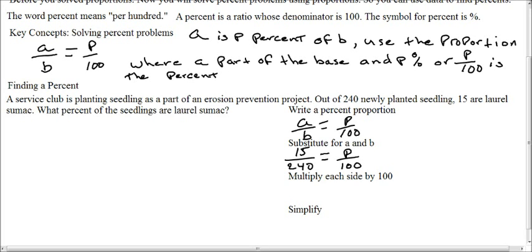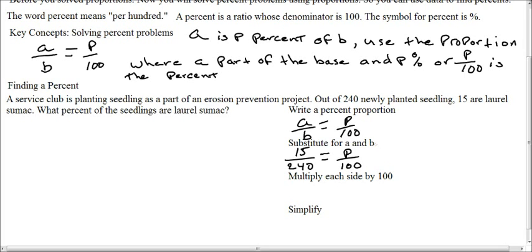Now, what we're trying to do here is isolate P so we can determine what percent. Okay, in order for us to isolate P, we see that P is being divided by 100. So in order to isolate it, we must multiply both sides by 100.